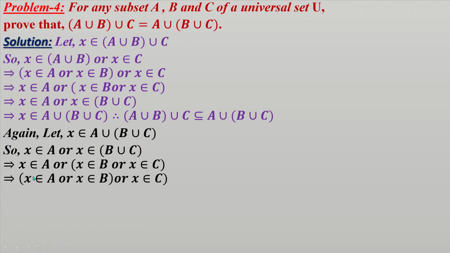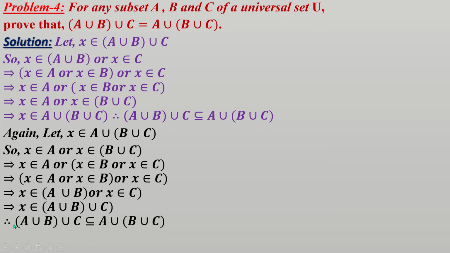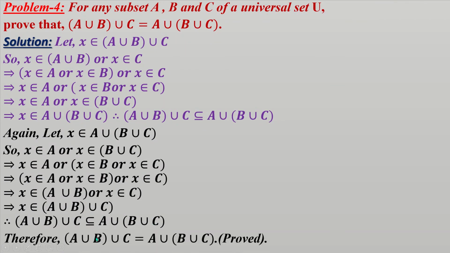Now X belongs to A or X belongs to B or X belongs to C. Therefore X belongs to A union B or X belongs to C. No need to use the first bracket. Therefore A union B union C is a subset of A union B union C. Therefore the given condition is proved. That means this equals this. Okay.